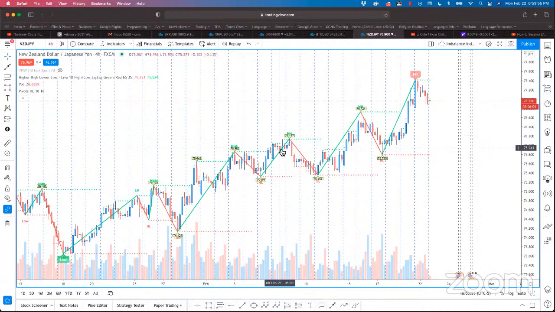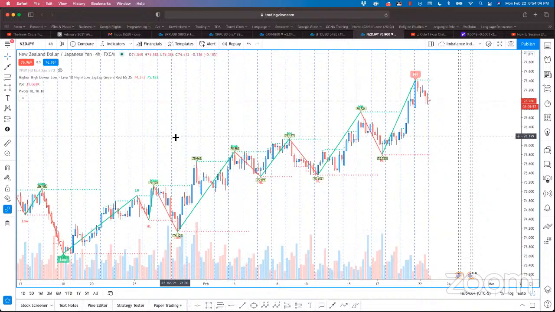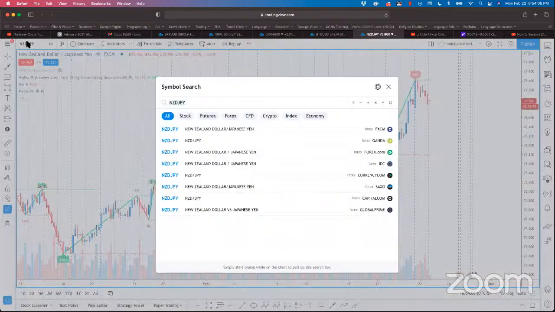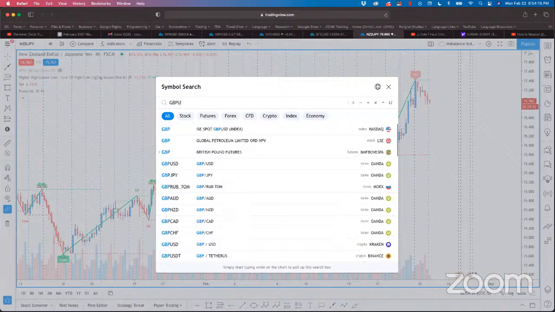Sometimes it's moving at 5, sometimes it's moving at 9, and that's okay. That's kind of the way you want to look at it: when are the people trading it?